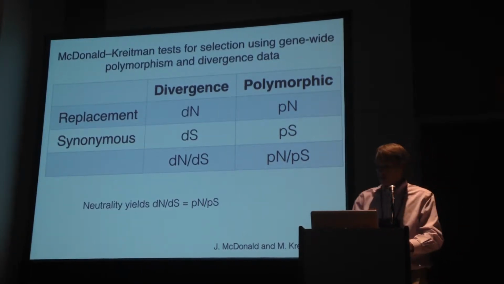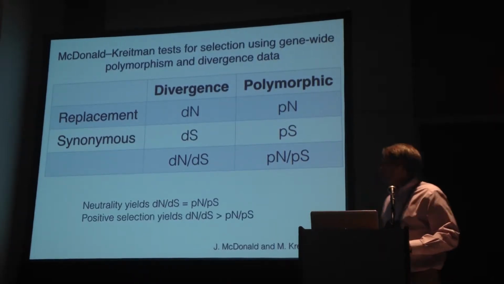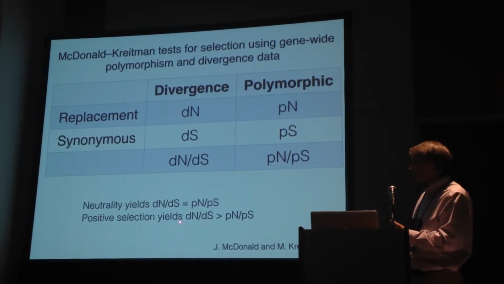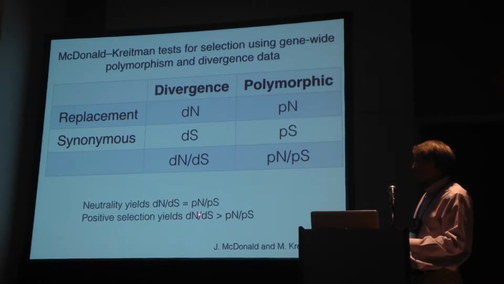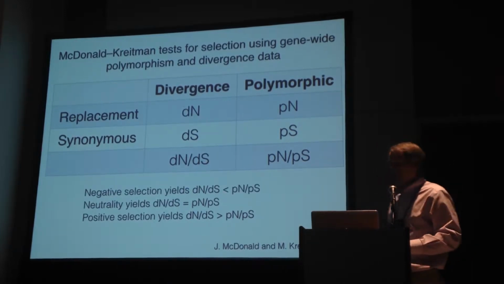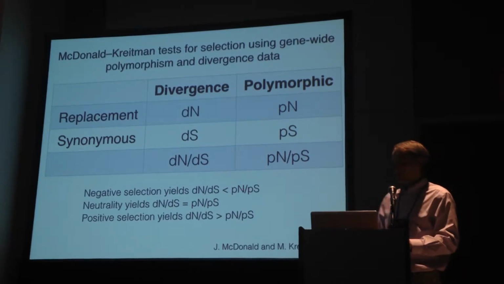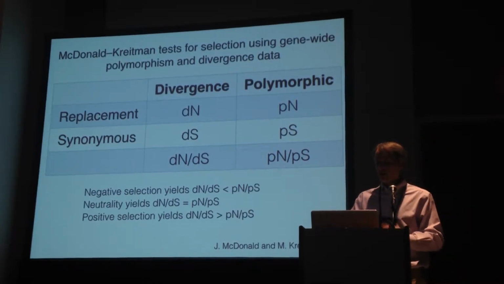So it's a very nice setup for testing for selection. Positive selection should yield a situation where the non-synonymous to synonymous ratio is greater in the divergence than in the polymorphism, and negative selection would be DN/DS being less than PN/PS in this parameterization. So that's all well and good.